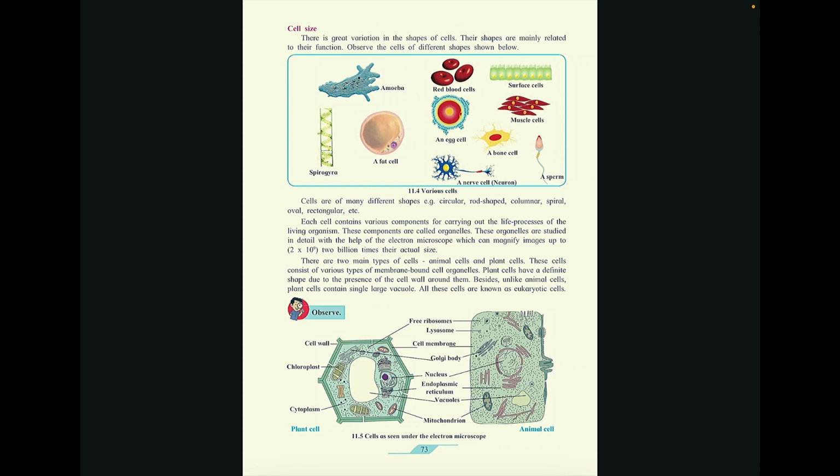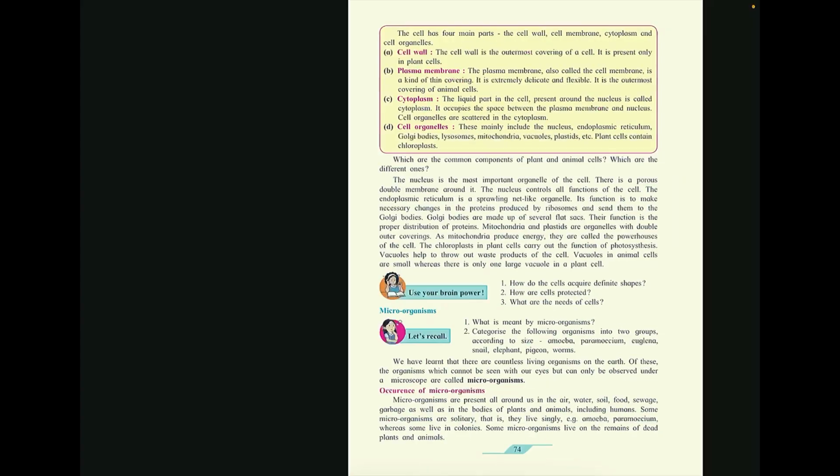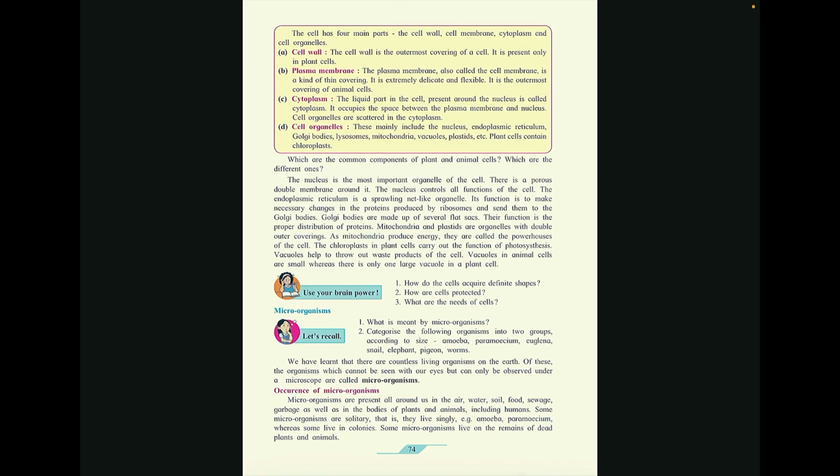Okay, so after that there is cytoplasm. These are the main three to four components. Okay, so first we have already studied about cell wall. Cell wall is the outermost covering of a cell, which is present only in plant cells.